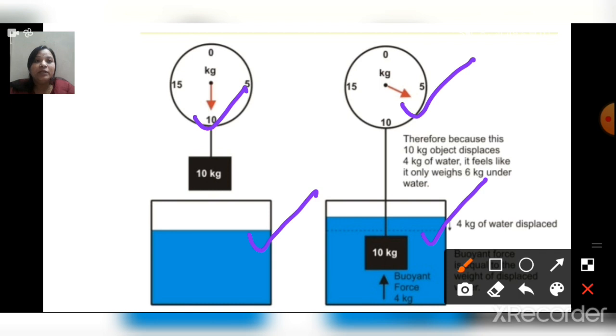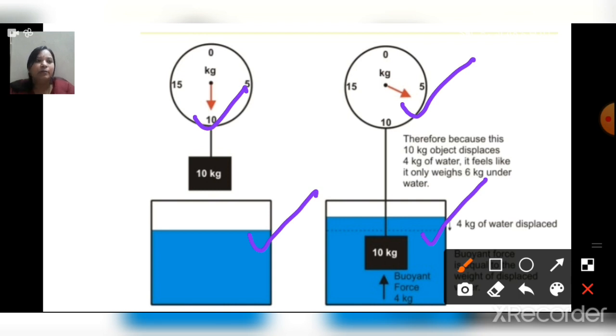When it is immersed in the water, in the right hand side picture, it is weighing how much? It is weighing 6 kgs. So how much weight is reduced? 4 kg. And we can see the rise in the level of water, that is again 4 kg. So upthrust is equal to weight of water displaced by an object.